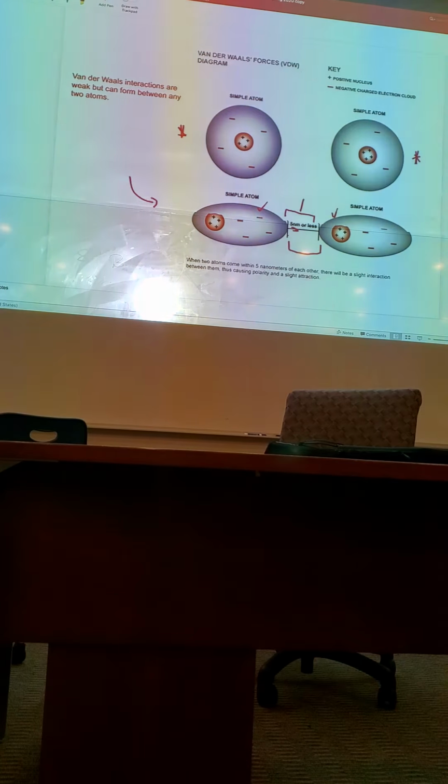If you kept moving the atoms closer still, now the two nuclei will be getting close enough to one another that they'll start repelling one another. So there's a balance. There's a wheelhouse. Everybody play baseball? The pitch comes right down the center, it's easy to hit, it's right in your wheelhouse.